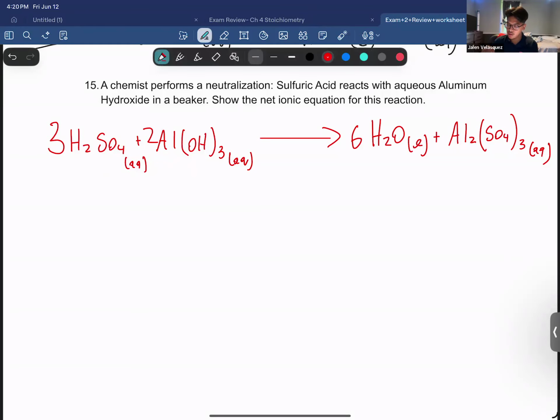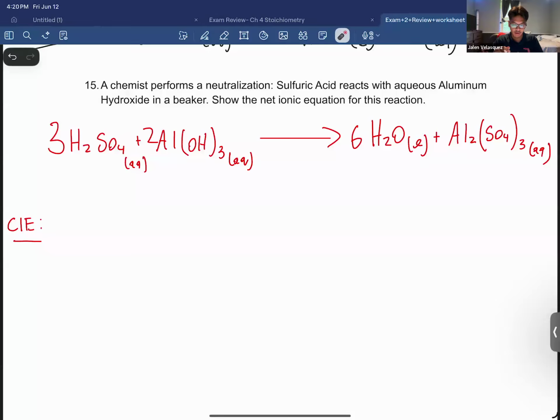Okay, so to write out the complete ionic equation, we're going to ionize everything that is strong, and we are not going to ionize anything weak and any liquids, right? So we have sulfuric acid, a strong acid, so we have to ionize this into its respective ions. We're going to break it into H plus and SO4 2 minus.